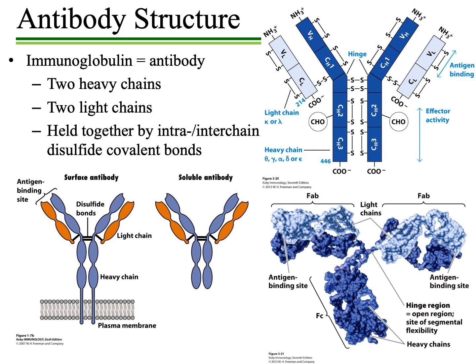And there were portions that were fragments that could bind antigen, hence the FAB portion. So the FAB portion is where antibody interaction occurs with antigen. Specifically, it's the very tip of those portions that bind to antigen. And then the FC is what I typically refer to as the stem of the Y. This portion is also extremely important for interactions that we will talk about a little bit later on down the road.